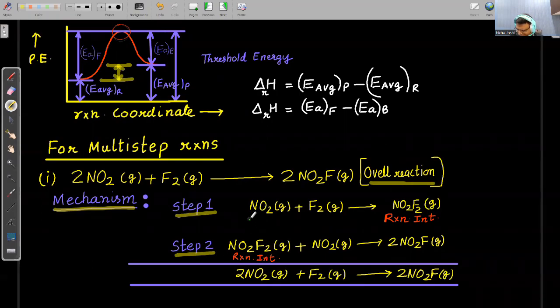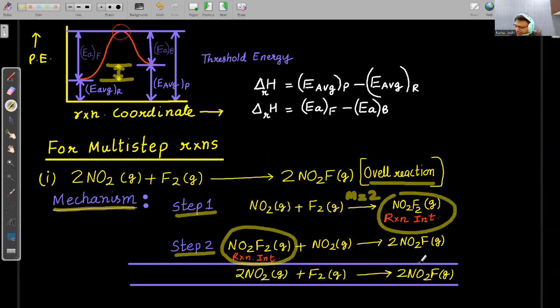So we write here, step 1: one NO2 molecule reacts with F2 molecule. According to collision theory, 2 molecules are reacting, so the molecularity of this step is equal to 2. This species is not there initially, and finally also it is not there. It forms in between; this molecule is not there before and not there afterwards.